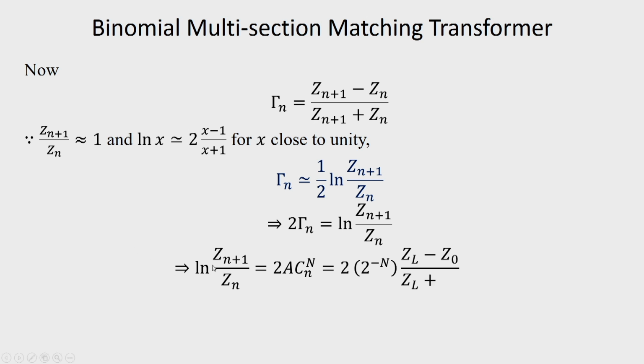Therefore, log of Z_{n+1} by Z_n, we can now substitute gamma n, which is A times N C n, and then substitute the value of A, which is 2 to the power minus N times (Z_L minus Z_0) divided by (Z_L plus Z_0), what we have derived earlier.